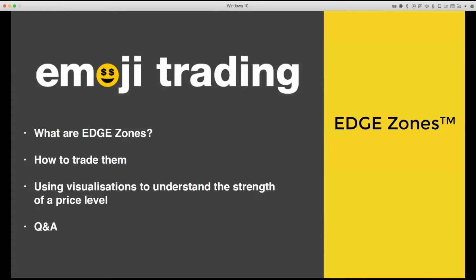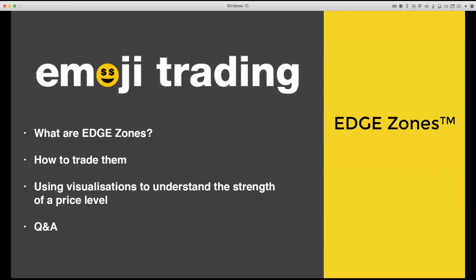If you look at the Emoji Trading website, we actually explain all of the elements behind order flow. We explain the mechanics of what's going on. We even explain what the indicator is doing, because these aren't indicators, these are tools. There is no magic to reading order flow. You can read order flow from the raw data, and I help people do this.